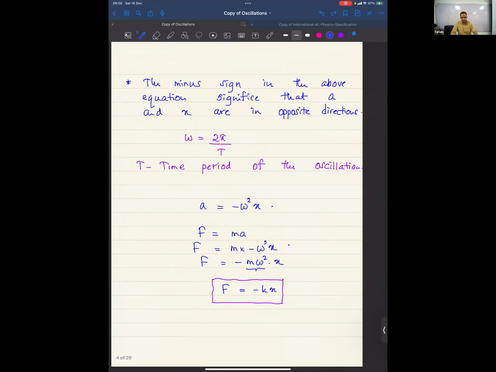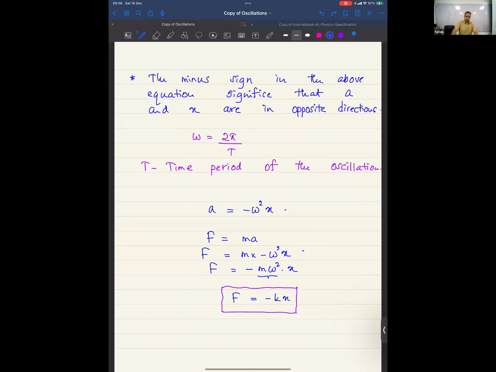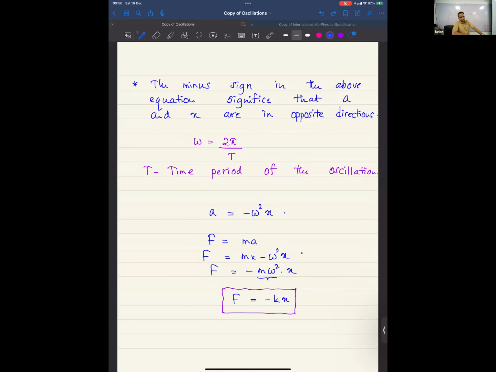So right under that, the minus sign in the above equation signifies that a and x are in opposite directions.